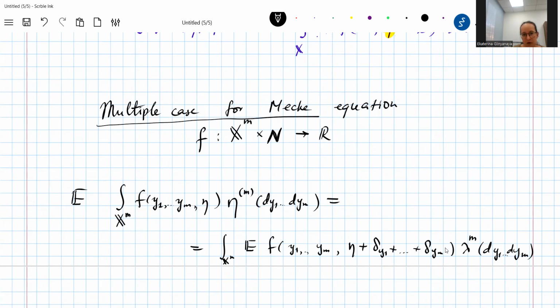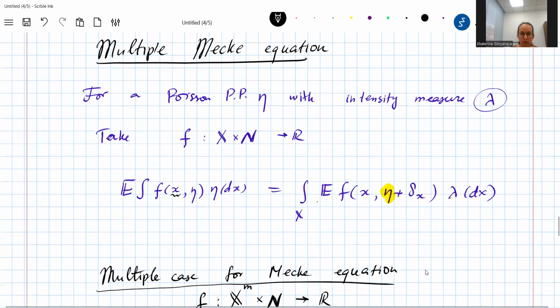And again, as in the beginning, this is true only for a Poisson point process. So this is very important: this formula, in the one-dimensional case, actually, if we have this formula for every function f, then we have the inverse statement.